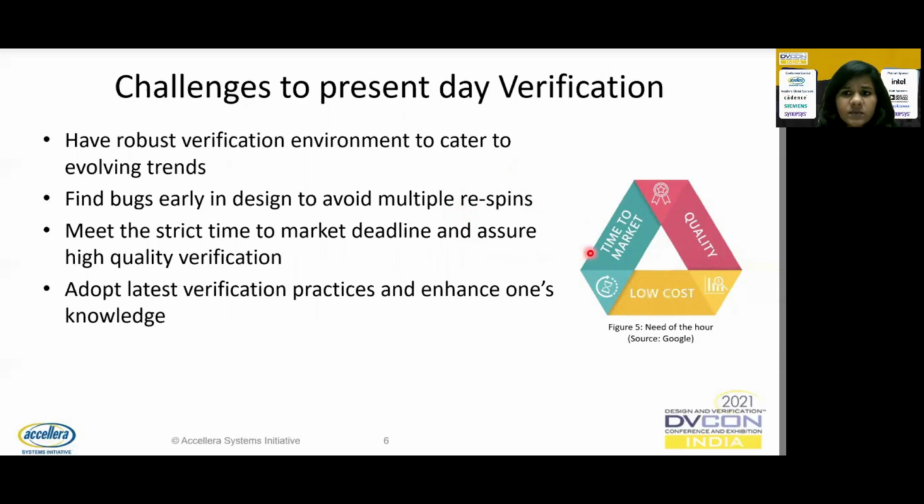The strict time to market constraints mean that there is a requirement of high quality design and high quality verification. We need to adopt latest verification practices and methodologies and enhance our own knowledge base. As a general practice, all the verification engineers keep these challenges in mind when they devise new ways to improve upon the traditional verification practices.